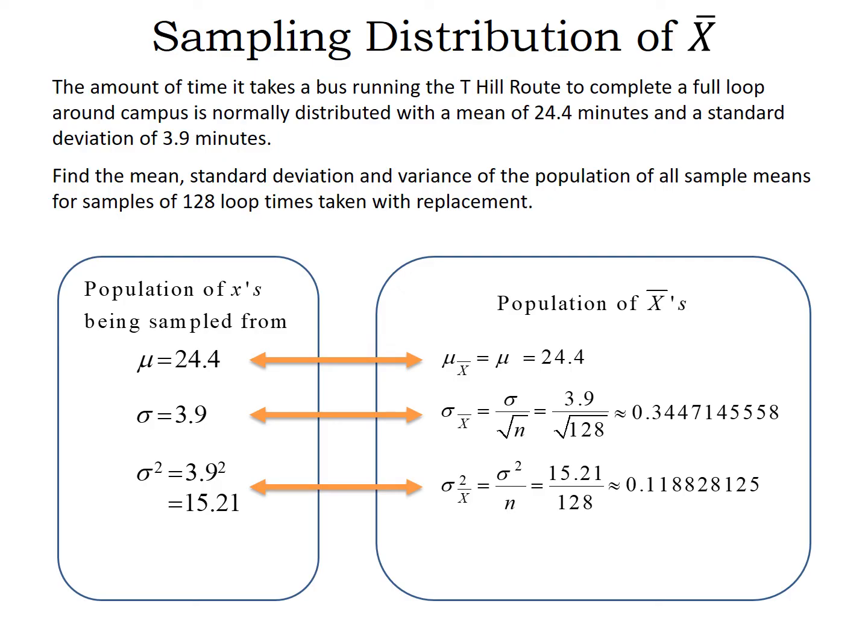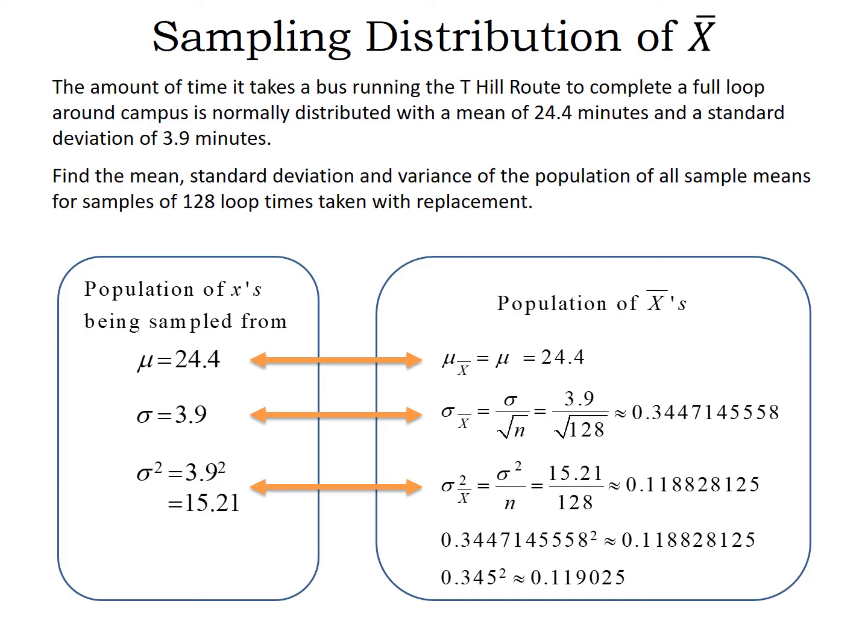One thing I want to point out is that if we square the standard deviation with all of the precision we had, then when we get that variance, we keep that precision for several decimal places. But let's say the instructions had told us to round to 3 decimal places, and you rounded the standard deviation to 0.345 and squared that.